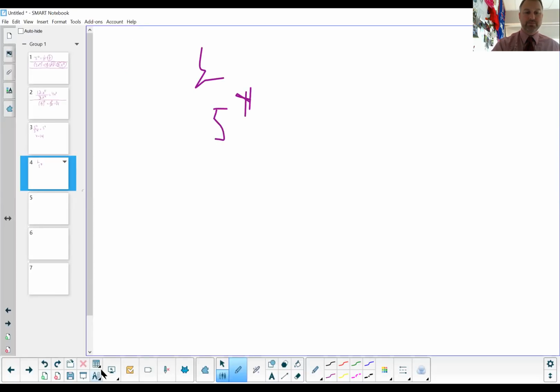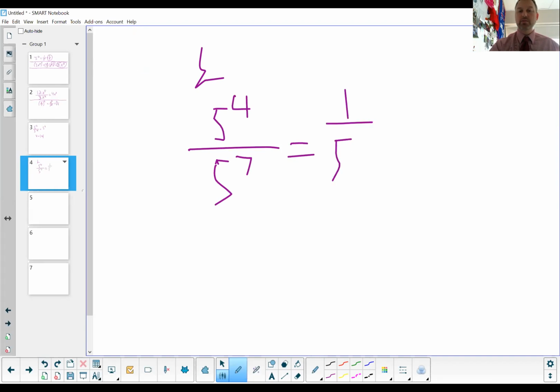Hang on, guys. 5 to the 4th divided by 5 to the 7th. And the question is, which expression is not equivalent to this? So you would do each of these steps.